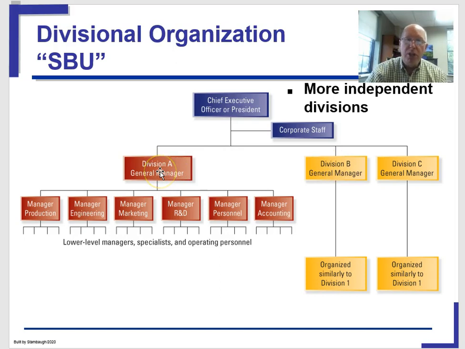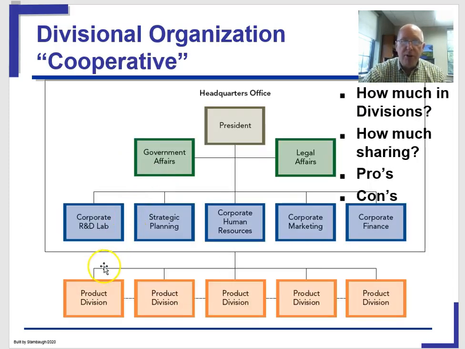There's more than slight differences in the products. So in this form, if I'm in Procter & Gamble, this could be diapers, and this is paper towels, and those sorts of things. In fact, Procter & Gamble just went through a major reassembly of this.